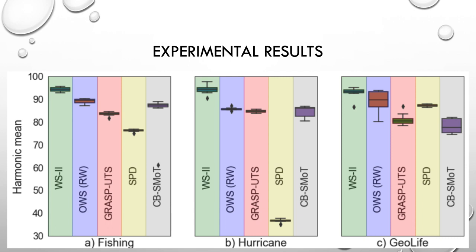To compare the performance of our proposed method, we applied the harmonic mean of purity and coverage. Purity and coverage are introduced in GRASP-UTS research as a performance measure.